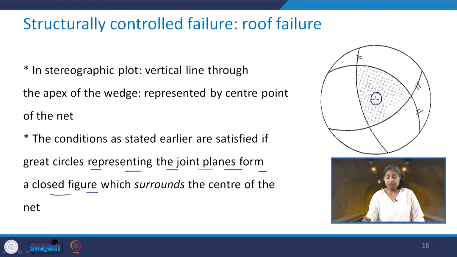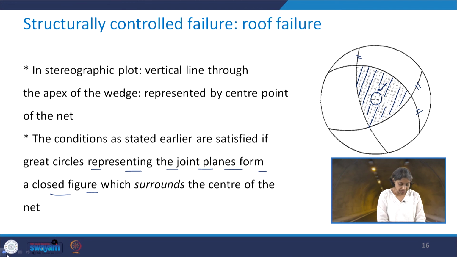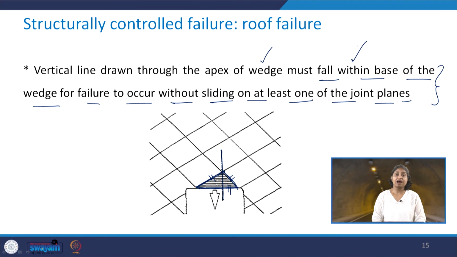Say those great circles are the first, second and third ones. After plotting these great circles, we can see whether they form a closed figure or not. Take a look, this shaded portion is the closed figure. The next check is whether this closed figure surrounds the center of the net. Yes, in this case it surrounds the center of the net, and hence the conditions mentioned here are satisfied.